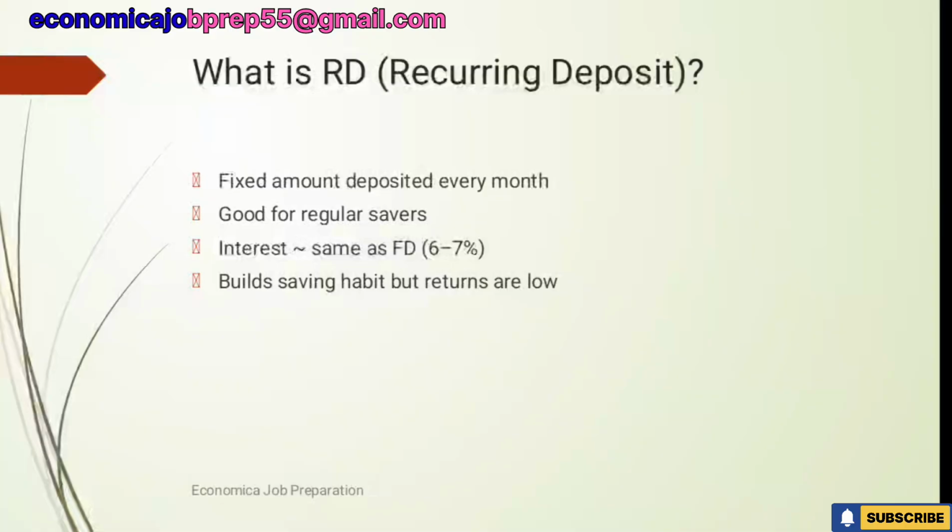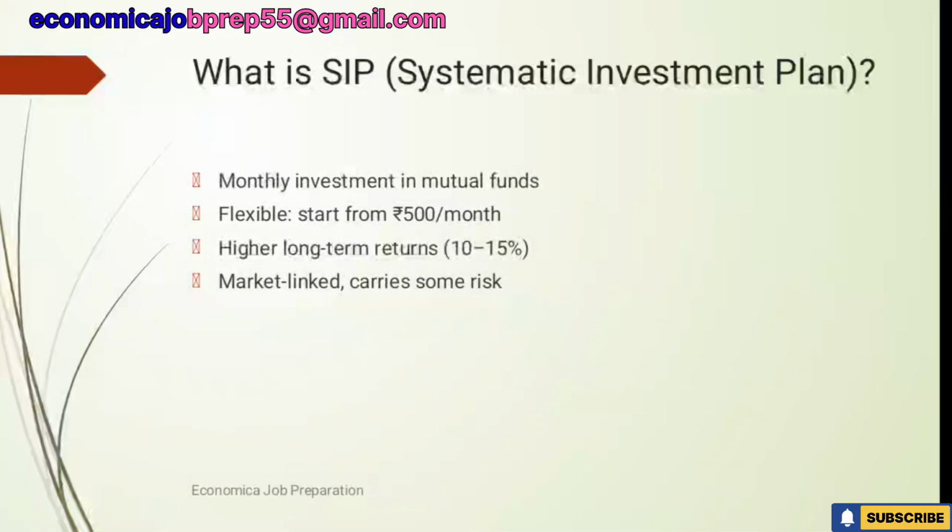And for the other one, SIP, systematic investment plan, it is investment in mutual funds on a monthly basis, and flexible, start with 500 per month. Market linked risks, but long term average return is 10 to 15%. Advantages: beats inflation in the long run, compounding power, returns on returns, and flexible, can increase or decrease anytime, wealth creation.